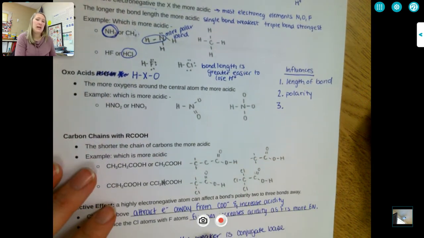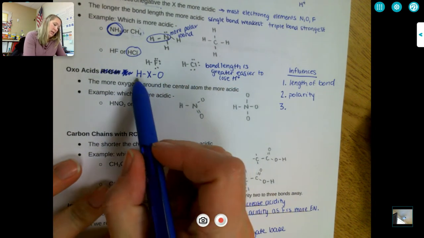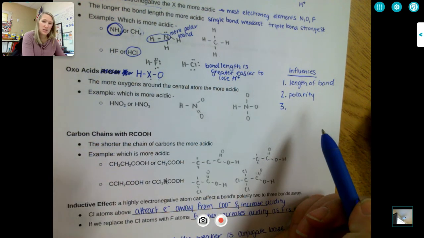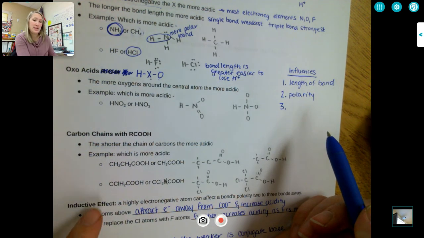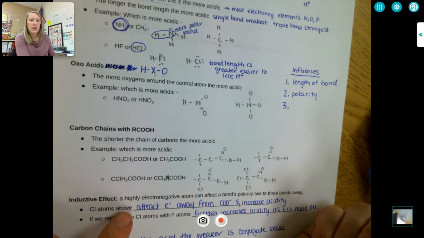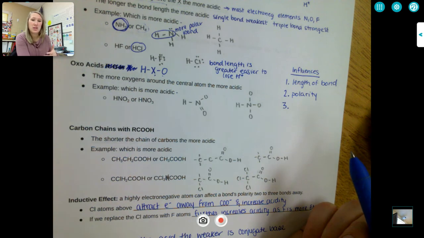What about if I have a hydrogen attached to an element and then that's attached to some oxygens? In this case, we're going to look at the inductive effect, where we have attraction of electrons away from our hydrogen atom.